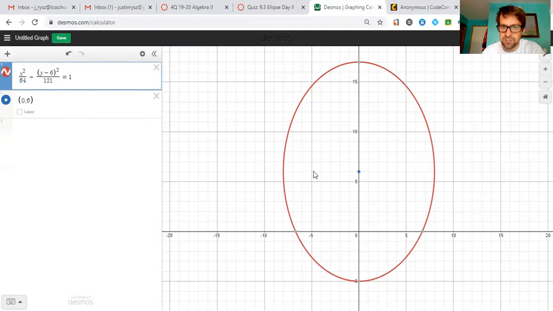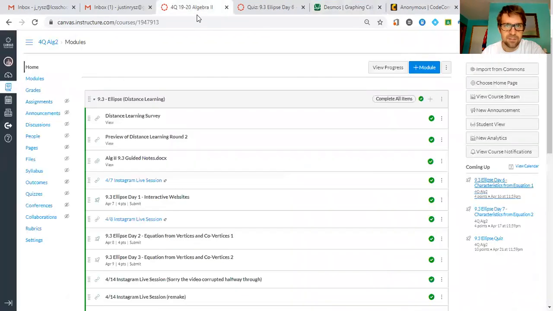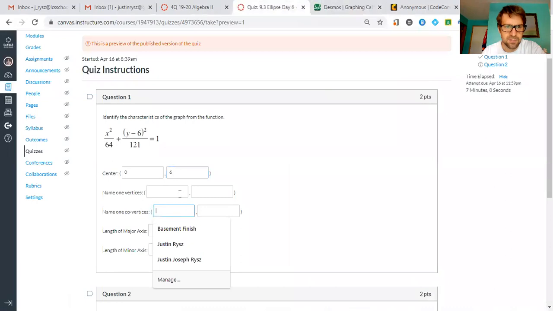Now I think it's easier just to click on these things and find those. So we can name one of the co-vertices as 8, 6 or -8, 6, since that is a choice. So let's see, what was it, 0, 17, and then 8, 6 would work.